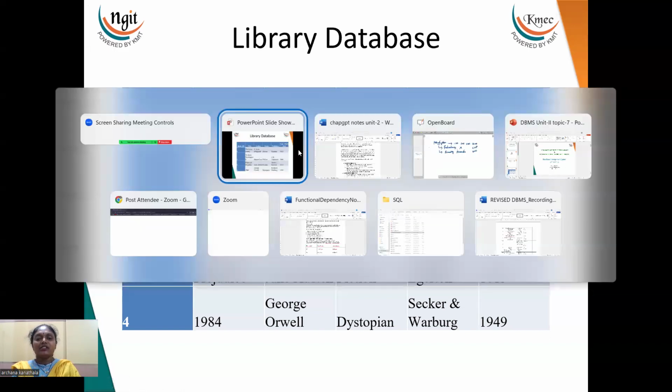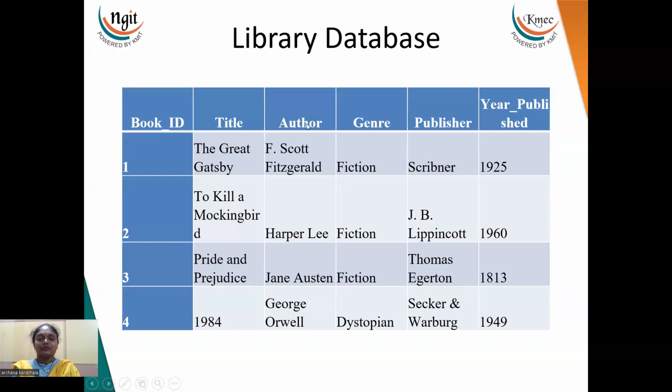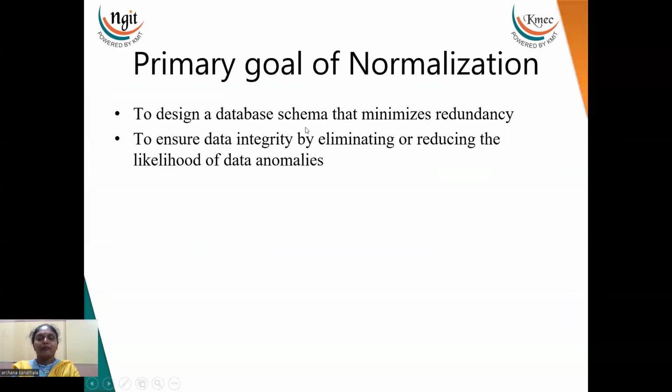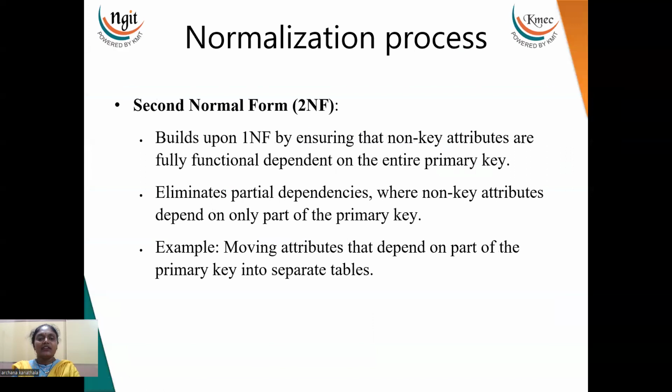Then the next one is second normal form. Now, what is second normal form? To bring the data into second normal form, make sure that the data is already in first normal form. Second normal form builds upon first normal form by ensuring that non-key attributes are fully functionally dependent on the entire primary key.